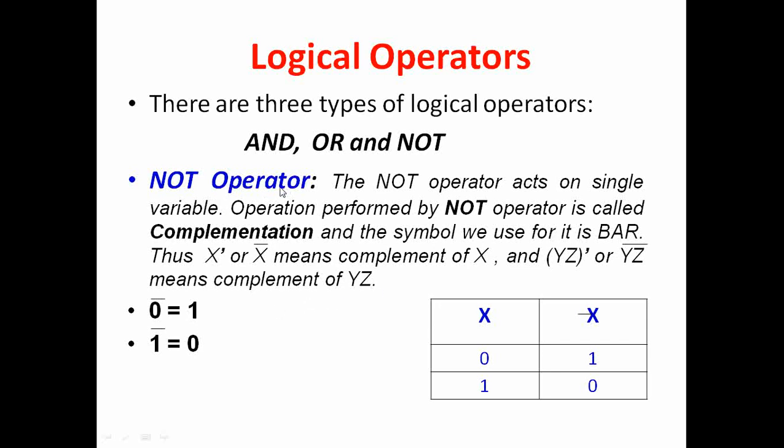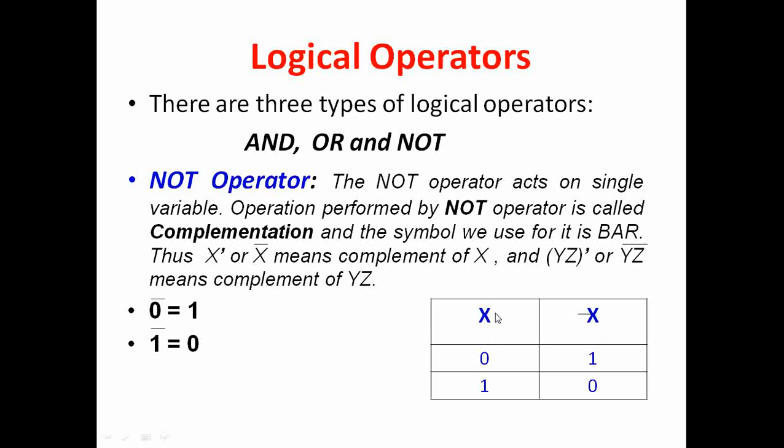In the case of the NOT operator, if the value of the logical variable is 0, then 0 bar becomes 1, and 1 bar becomes 0. So this is basically an inverter operator, which changes the state of a variable from 0 to 1 and 1 to 0.